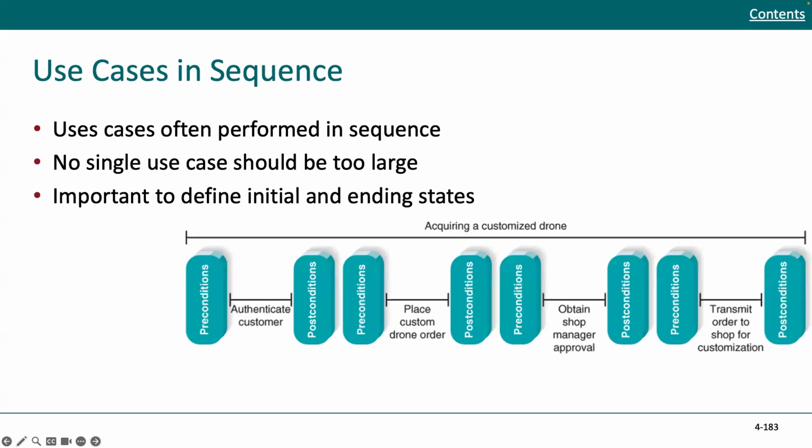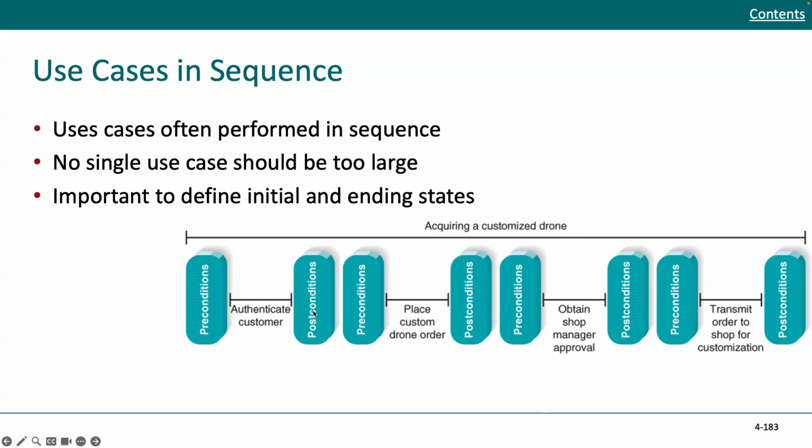We can also be thinking about things in sequence. And so use cases are often performed in sequence. And so no single use case should be too large. It's important to define the initial and end states. And so here we can be seeing the various things that are taking place in acquiring a drone.